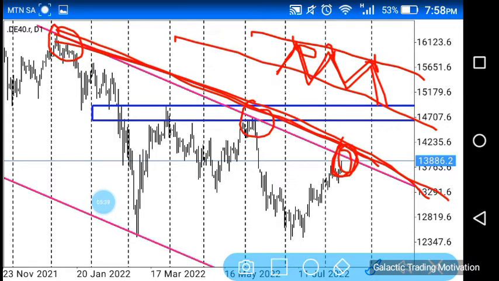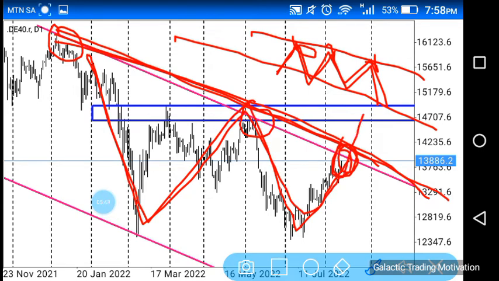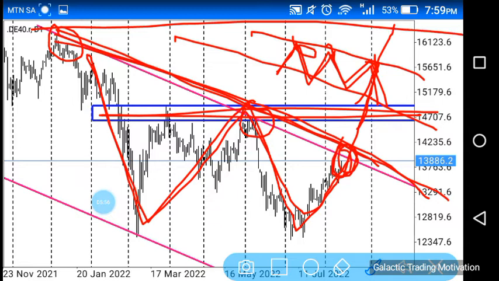It may be a trap because, as I said, we have this very huge W structure, and the plan may be for price to actually move further up to break this neckline of the W structure, and then possibly push even further up to that level over there that I spoke about, which is carrying all of that liquidity. Anyway, let's proceed, right?